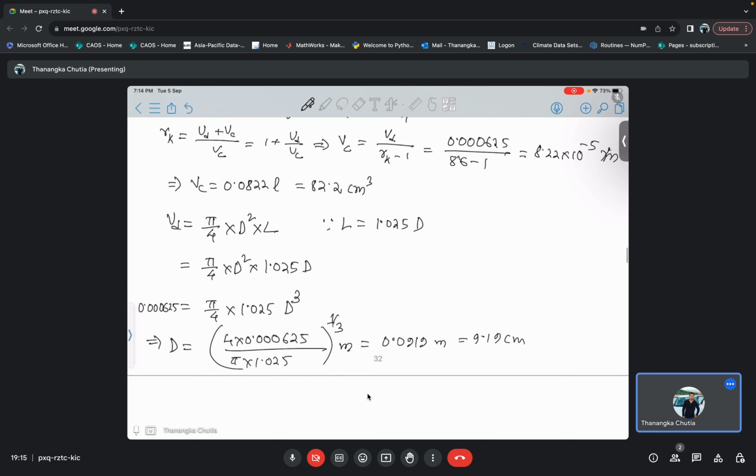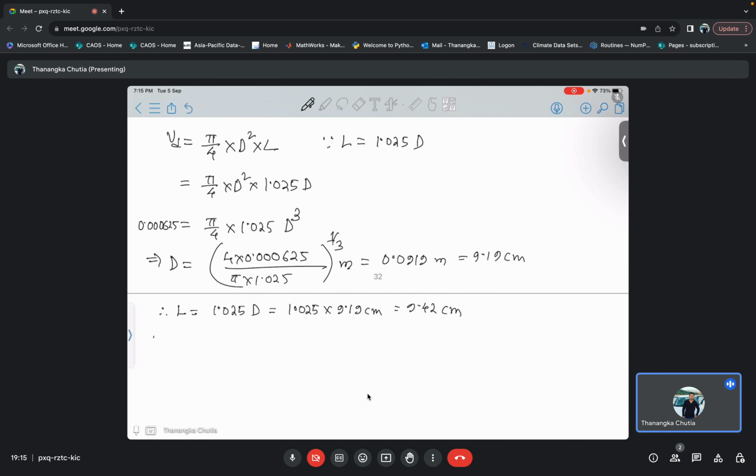Therefore length of the stroke will be equal to 1.025 into d, which is given in the question. So that is equal to 1.025 into 9.19 centimeter. So this will be approximately equal to 9.42 centimeter.